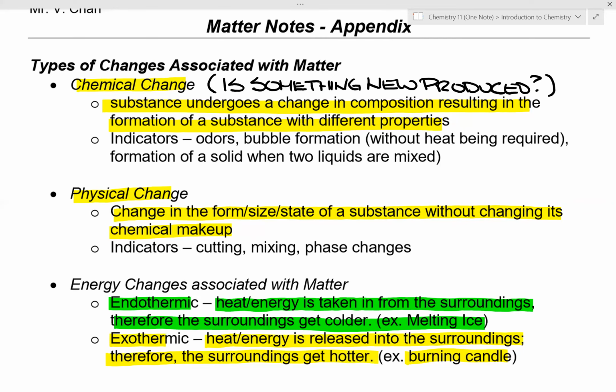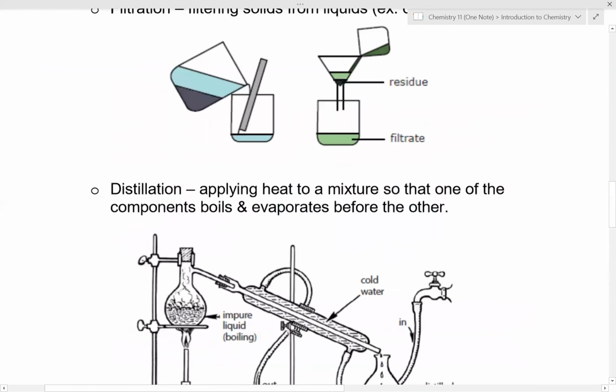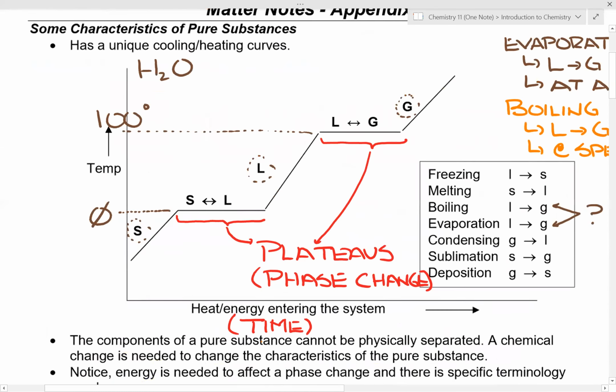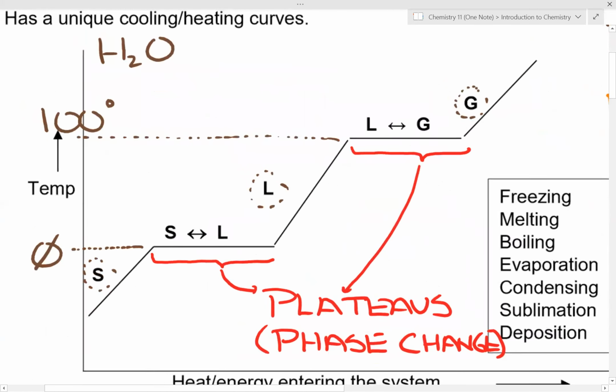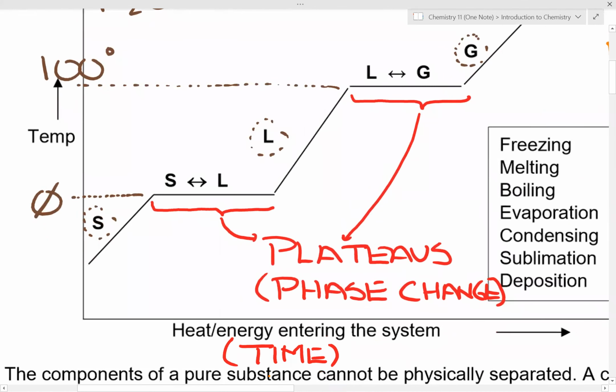Okay, now, something to think about here. So going back here, when you go from solid to liquid to gas, what's happening is that it's heat entering the system. So for ice to melt, to go from solid to liquid to gas, it's absorbing heat. That's an endothermic reaction.